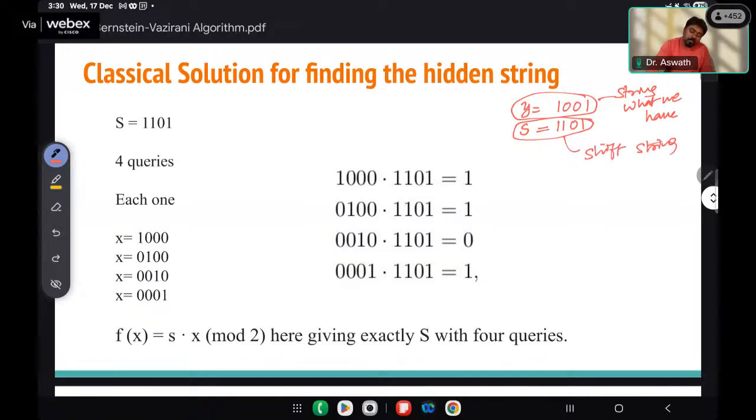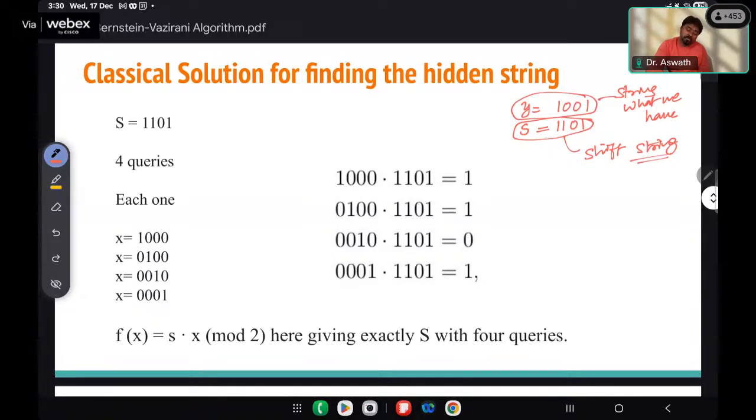Let's say now I want to find what this shift string is, what the bits in it are. I have to ask bit by bit to somebody who is doing the shift. I should ask, is your first bit 0 or 1?